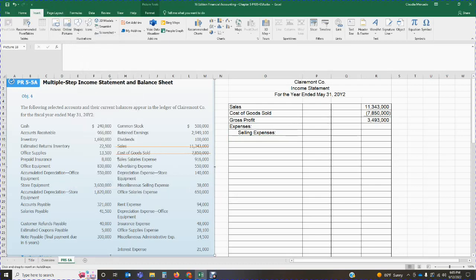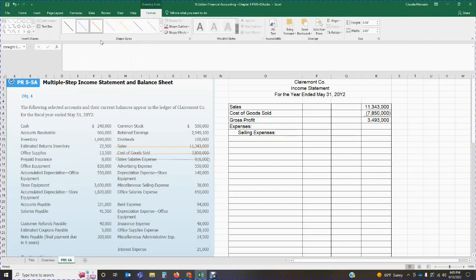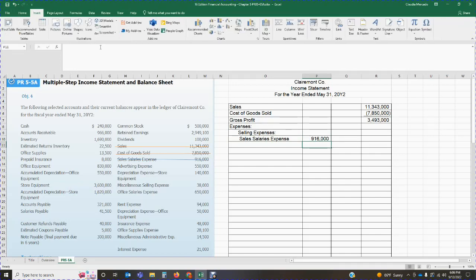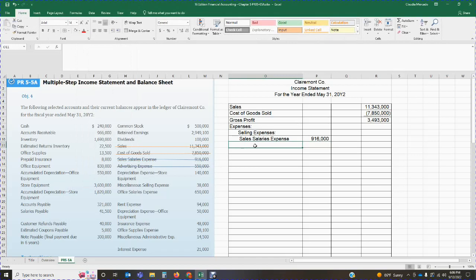Let's mark that one off. We have sales salaries expense of $916,000. We have advertising expense, which is part of sales. We want to make sure we advertise. We have advertising expense of $550,000.